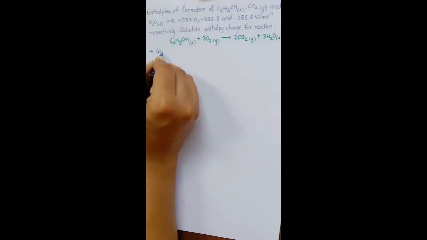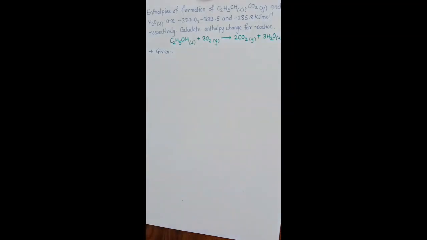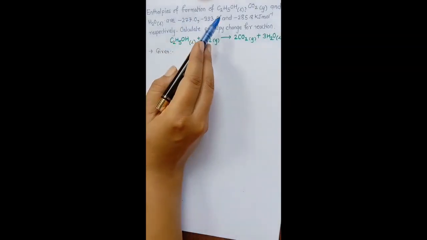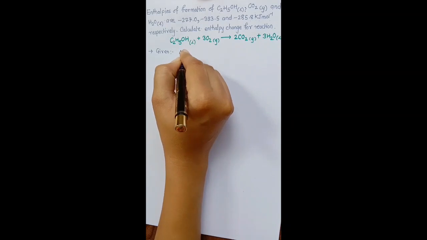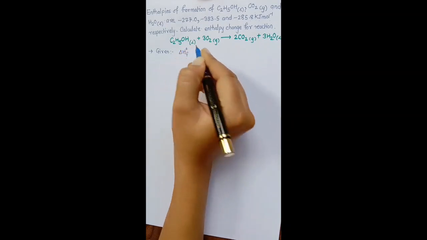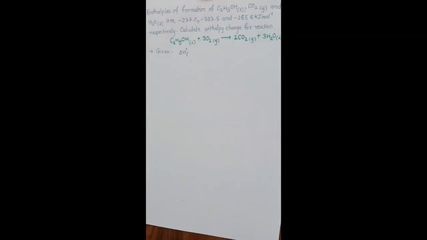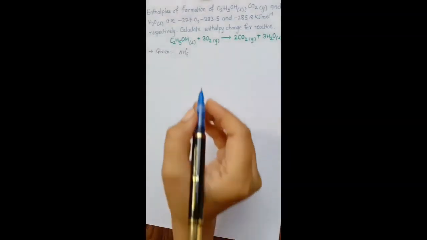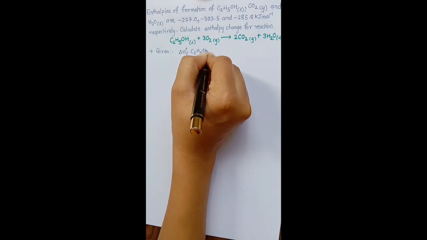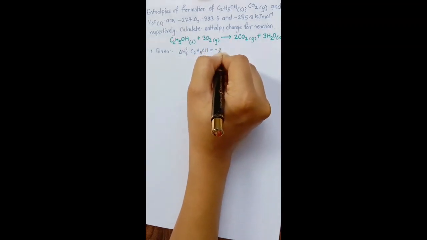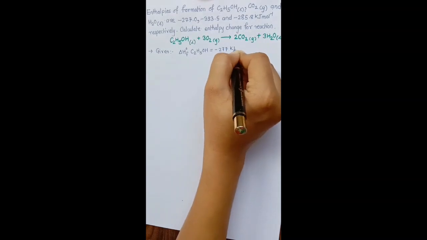So now we will write the given things. What are the given things in the given problem? Enthalpies of formation of C2H5OH, CO2 and H2O are given to us. Enthalpy of formation is denoted by delta HF naught. Delta HF naught for C2H5OH is equal to minus 277 kilojoules per mole.